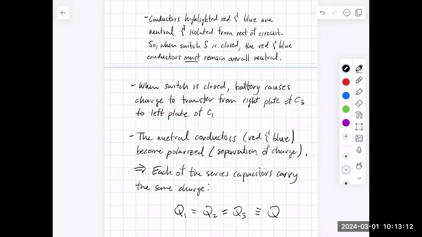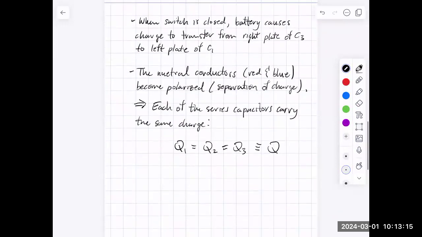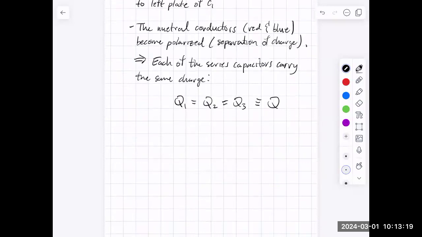Okay, good. So there's one other thing that we have to realize to help us finish analyzing this problem. So I'm going to redraw the exact same circuit. We had a battery supplying delta V, and then we have this combination of capacitors, C1, C2, C3.